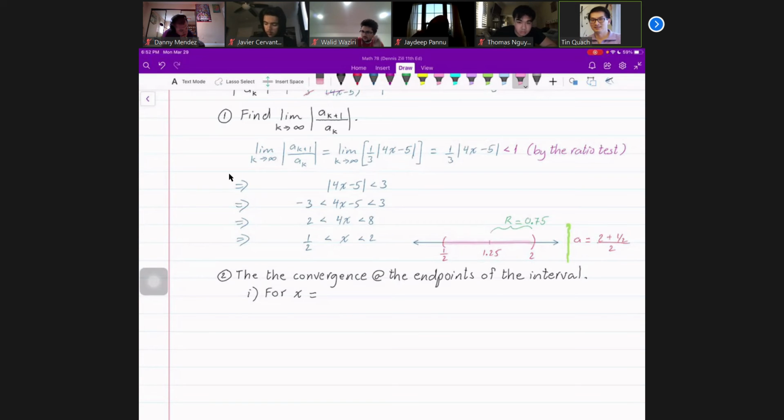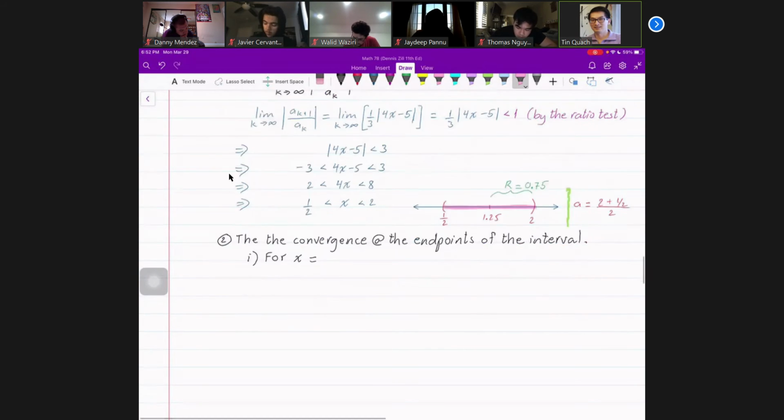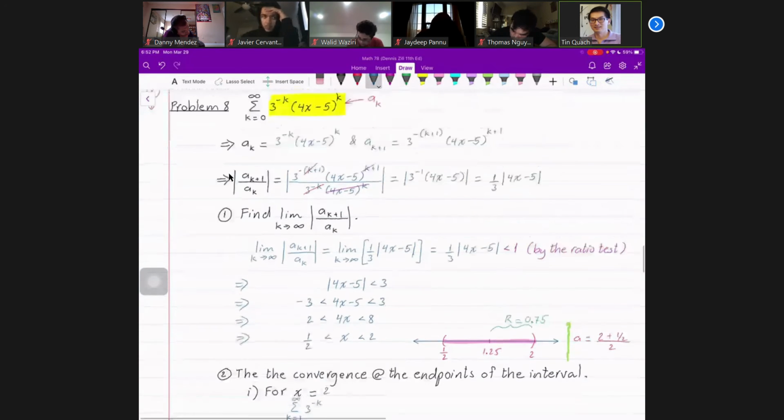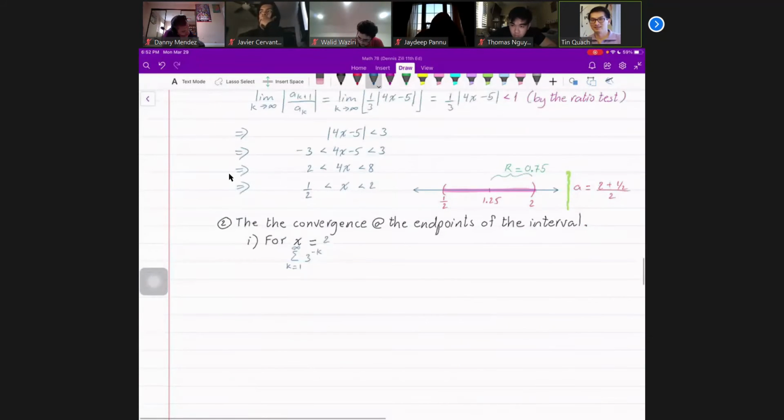Now you know that at least all the x in here would give you a convergent series. Now we have to check the endpoints at 2 and also at 1/2. So for x being at 2, what do we have? We have the series 3 to the negative k, 4x minus 5 to the k.